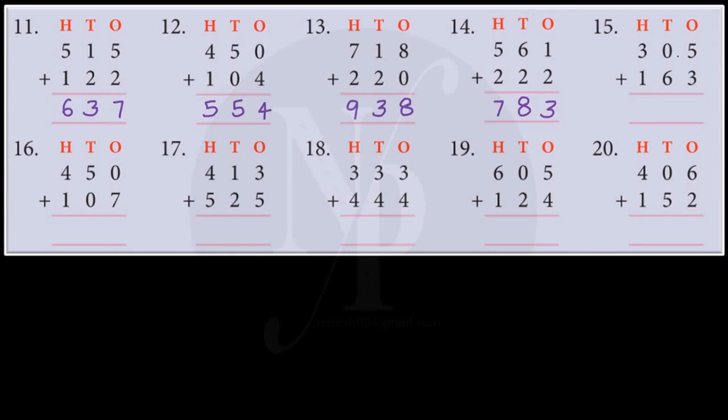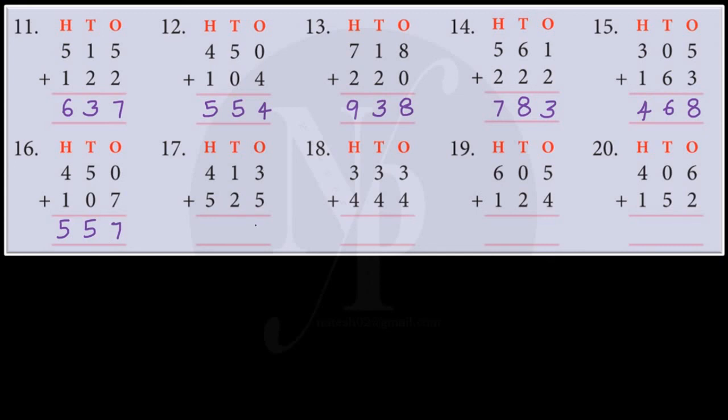Coming to question number 15. 5 plus 3 is 8. 0 plus 6 is 6. 3 plus 1 is 4. 468. Question number 16. 0 plus 7 is 7. 5 plus 0 is 5. 4 plus 1 is 5. 557 is the sum.